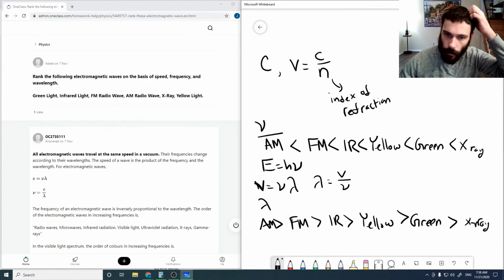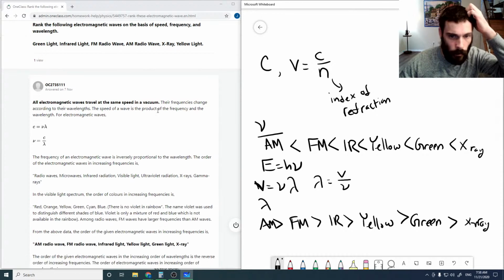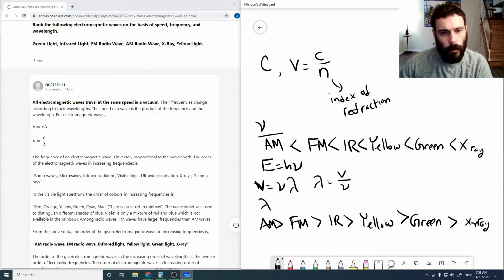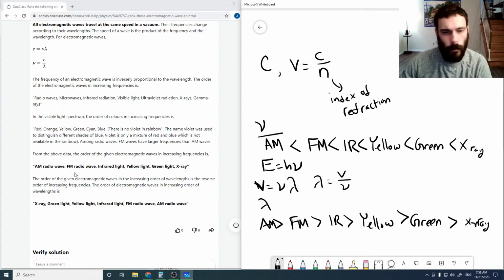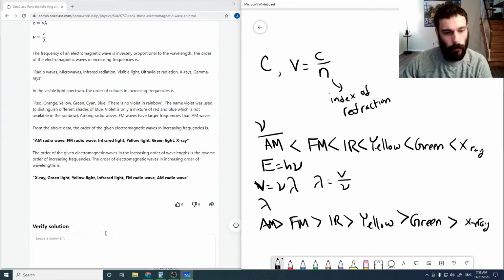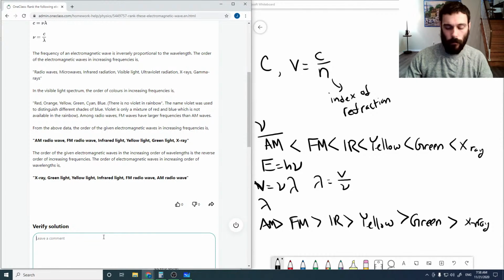Okay, and now checking the solution. Radio, okay, so AM, FM, IR, yellow, green, X-ray, and then it goes the opposite direction for wavelength. Okay, looks good. Solution is correct.